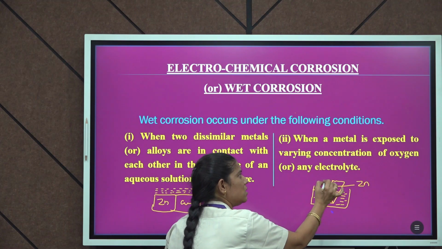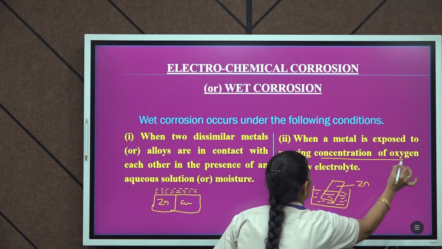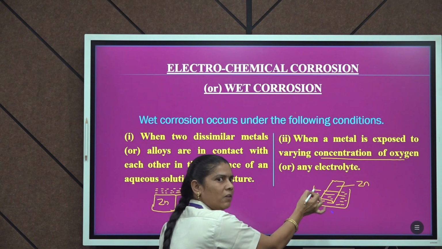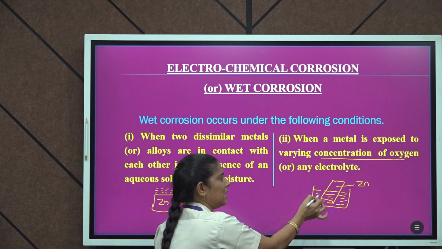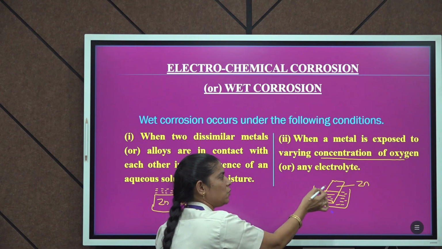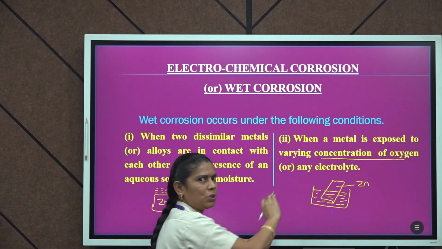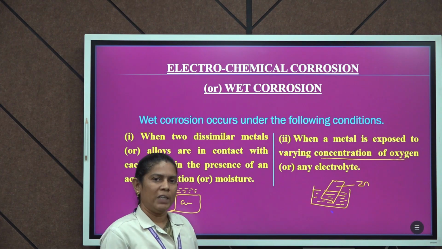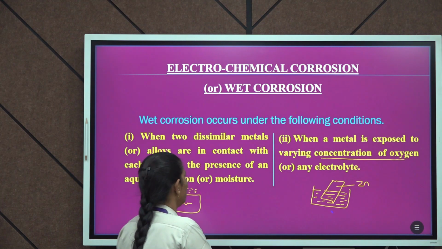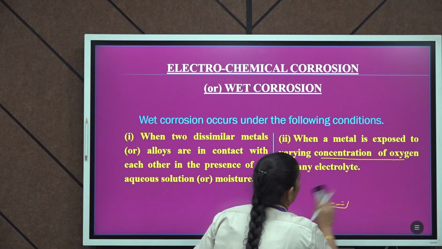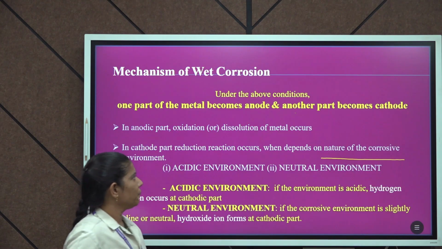So, the concentration of oxygen varies in this case. Even though it is a single metal, not a bimetallic contact, the concentration varies between the immersed portion and the portion above. In this case, wet corrosion occurs more favorably. So, these are the two conditions under which wet corrosion occurs.